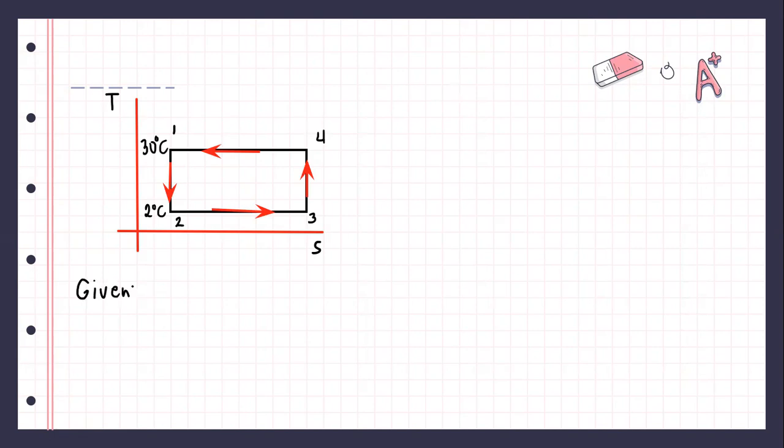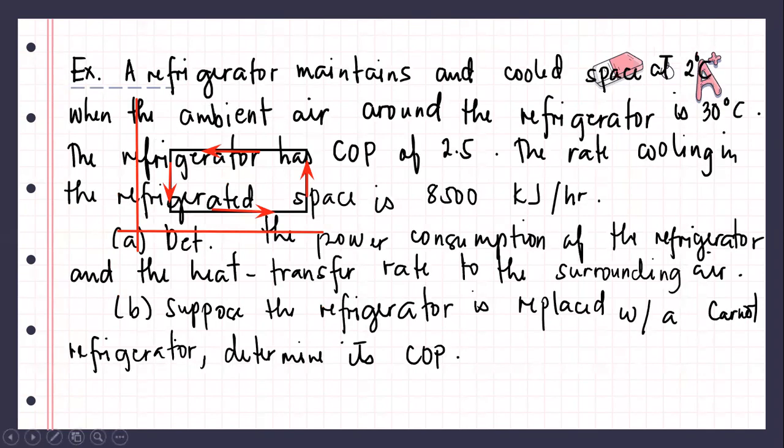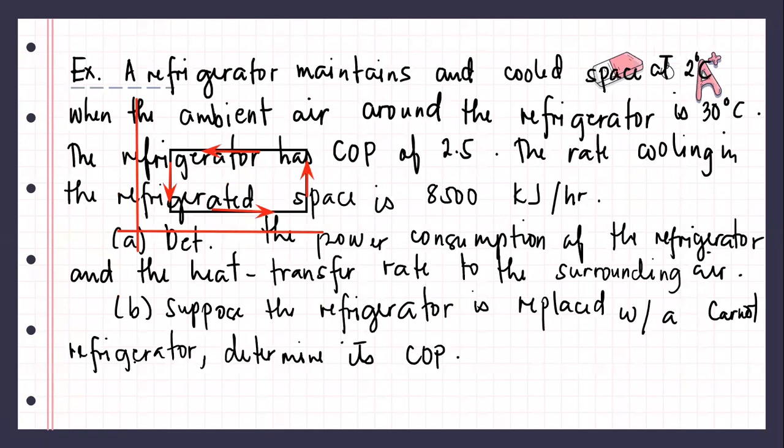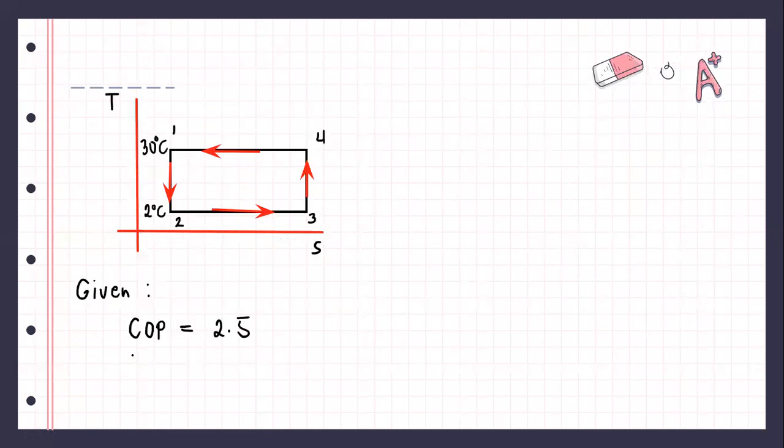We have the coefficient of performance equal to 2.5, and the heat at the lower temperature Q_L is 8,500 kilojoule per hour.